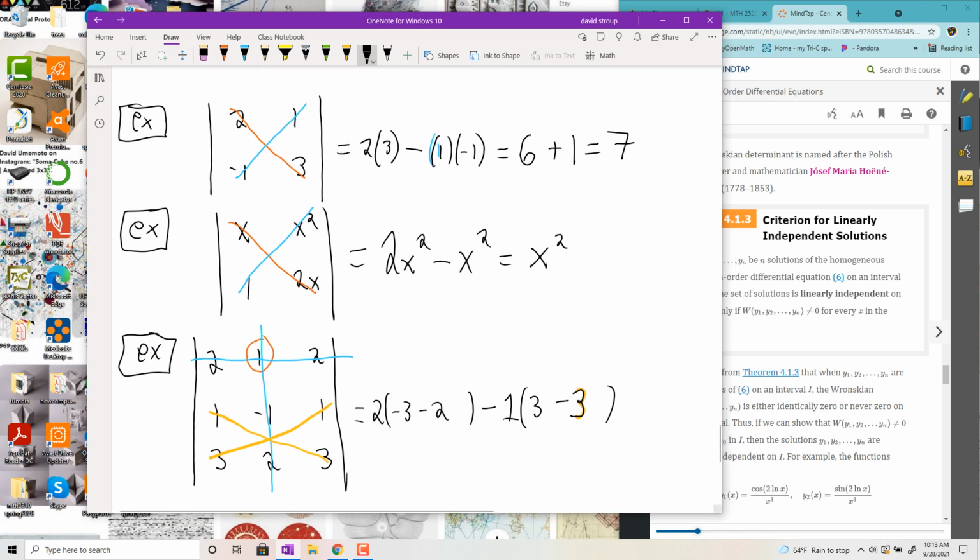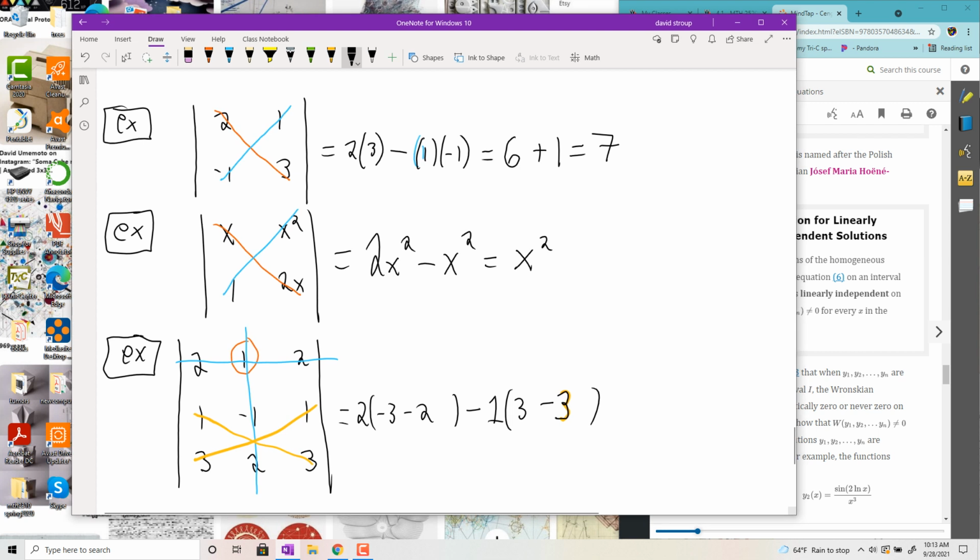And then the last ones, let me erase stuff again. I'm going to circle that first number in the row, the 2. Okay, so the last portion is plus 2, and then times the determinant resulting from covering up this row and this column. Okay, so our determinant now is in this box.